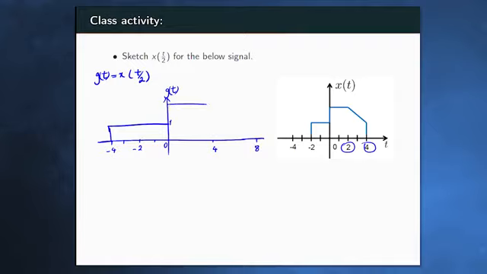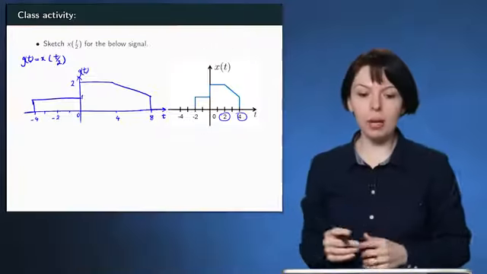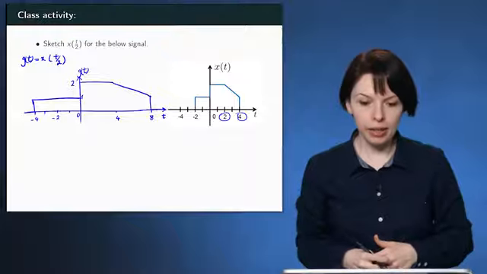So it's going to come to be equal to 2. And then at t equal to 8, it's going to decrease down to 1. After t equal to 8, g of t is going to be equal to 0. So this is the expanded version of x of t.